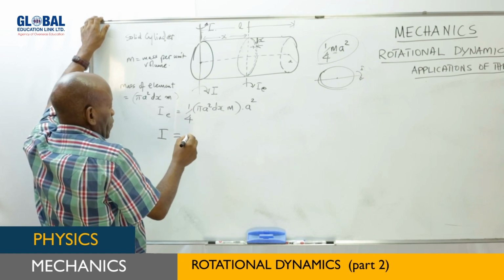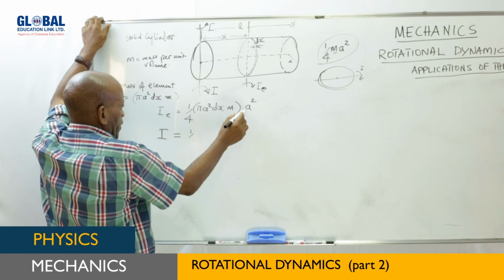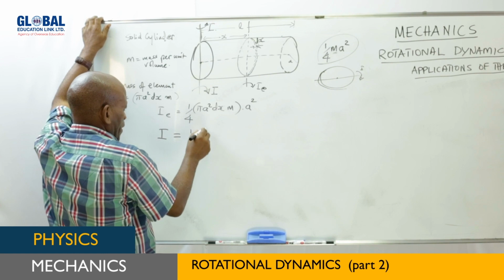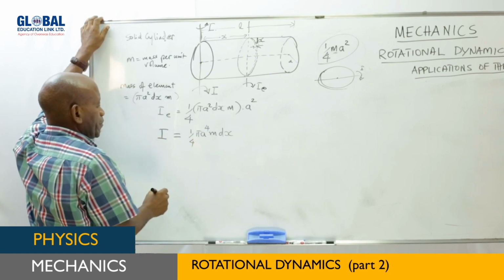Then we're going to have 1 over 4 pi a power 4 m dx.